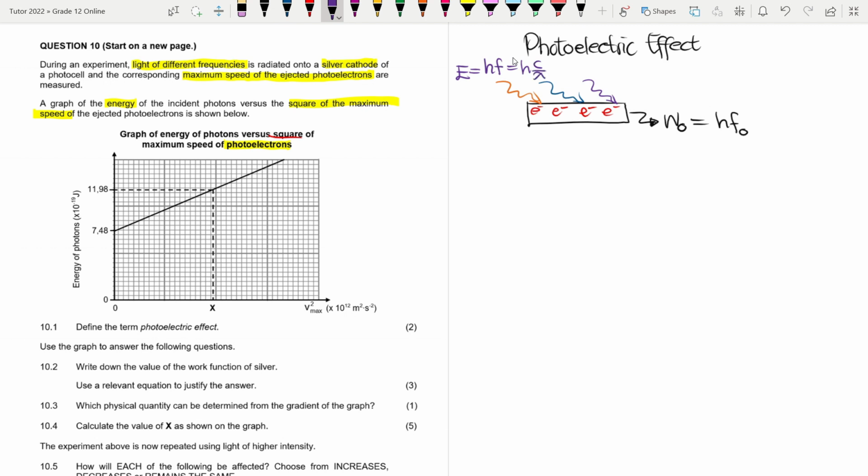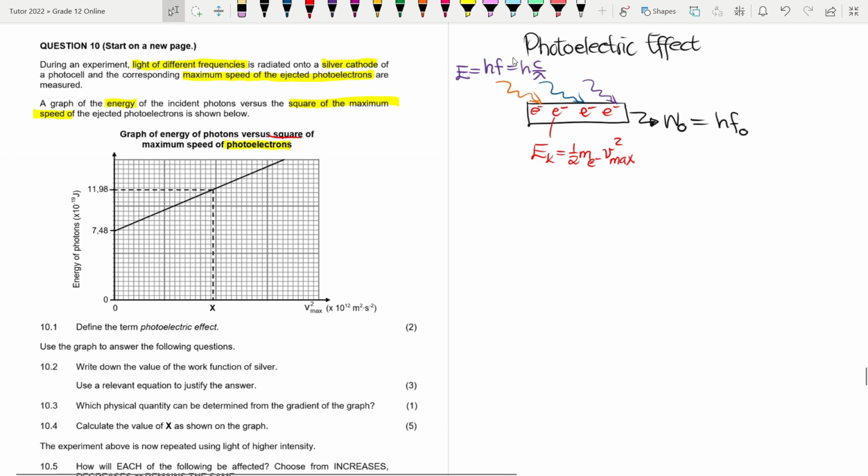You are familiar with that equation, right? Yes. And then we also have the electron, whose energy we can find, which is kinetic energy, given by half m, where m is the mass of an electron, multiplied by the velocity squared, which is the maximum velocity of the electron.